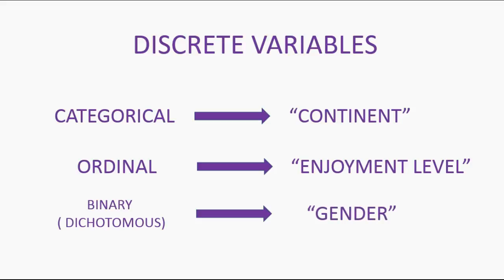But another example of a binary discrete variable might be an answer to the question such as yes or no, or night or day. So if there's only 2 possible values that variable could have, and it is a discrete variable, we say that's a binary or dichotomous variable.